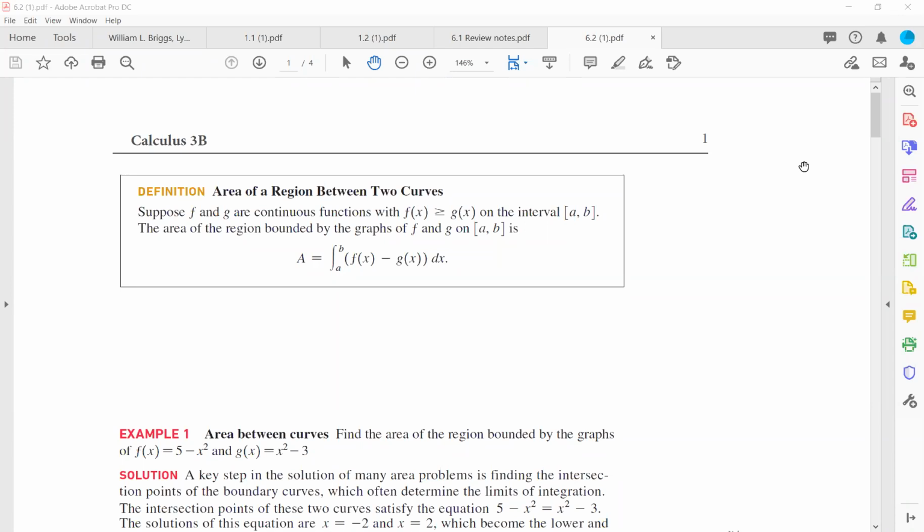Calculus 3b, 6.2. Definition. Let's begin with a definition. Suppose you have two continuous functions, and function f is greater than function g on a closed interval a to b.